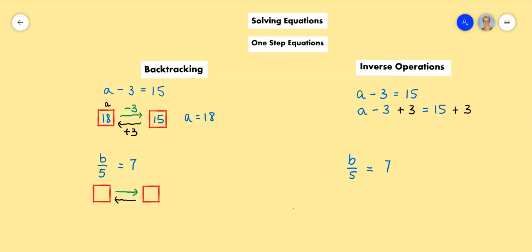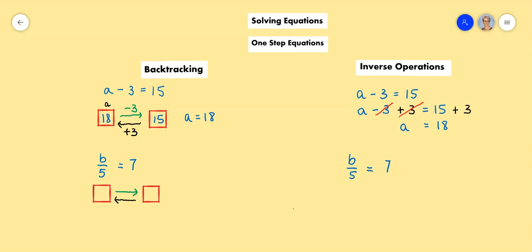Now, this minus 3 and this plus 3 will cancel out. Minus 3 plus 3 gives us 0. So we are left with a is equal to 15 plus 3, which is 18. And there is our solution.